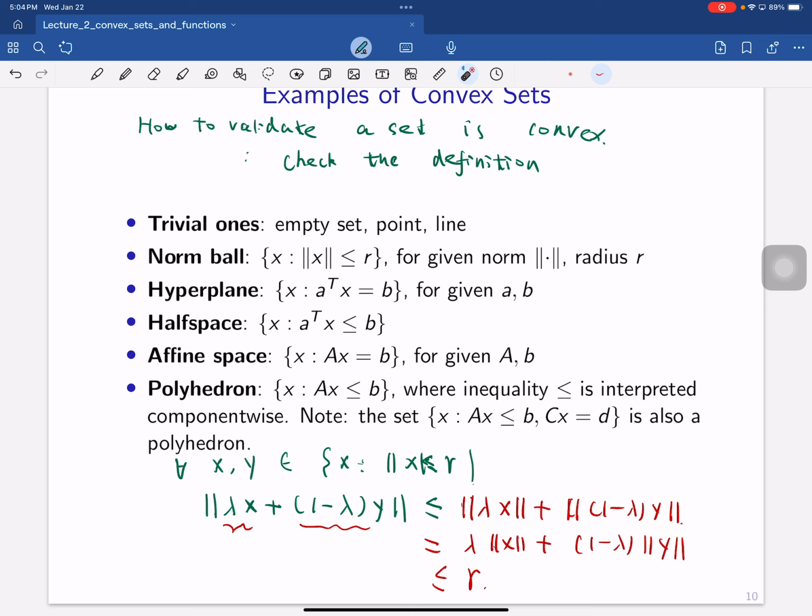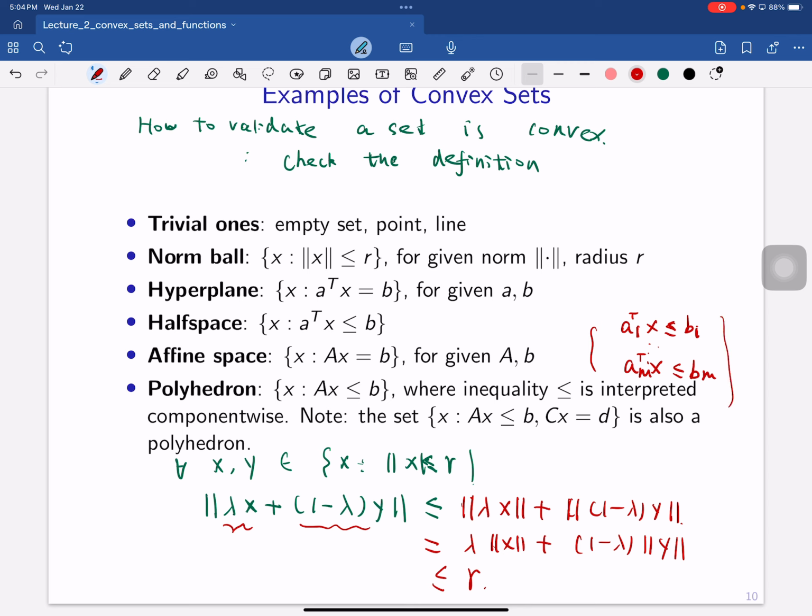So you have m constraints and n variables. Basically, a1 transpose x less than or equal to b1, all the way to am transpose x less than or equal to bm. There are m of those half space constraints. That is called a polyhedral set.